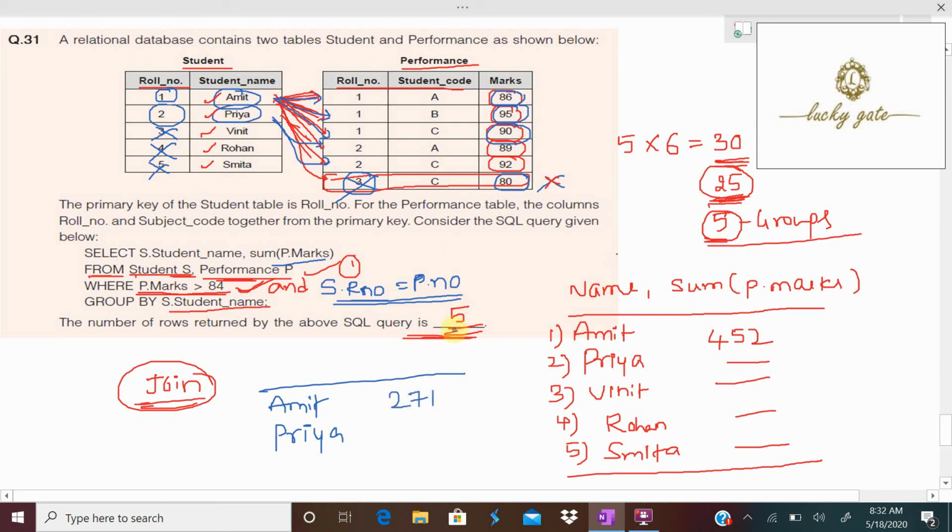And for Priya we have two matching rows, that is 89 plus 92, which is 181. So how many rows in the output? 2 rows in the output if this join condition is mentioned. Because the join condition is not mentioned, the output is 5 rows. This is the small confusion added in the question.